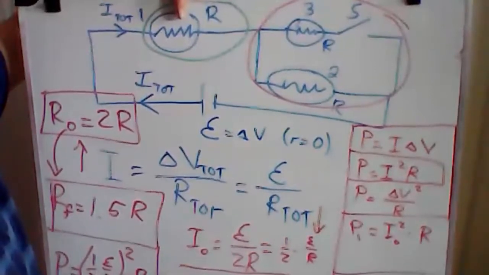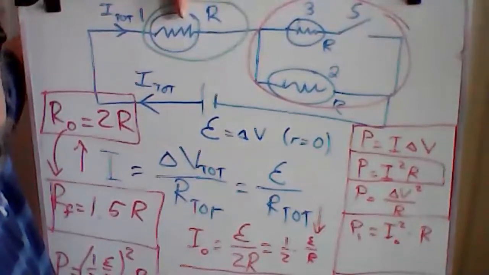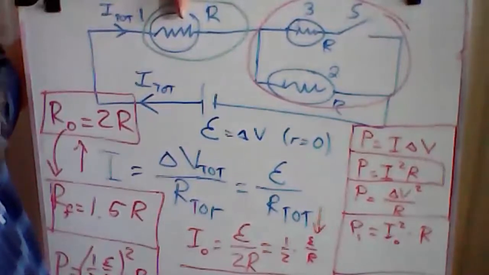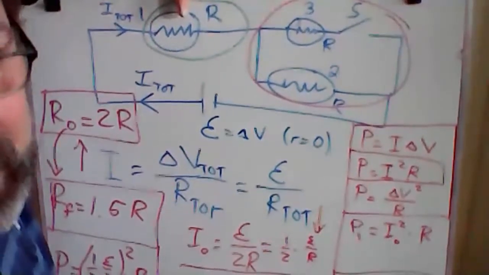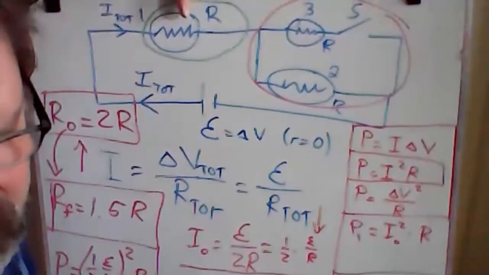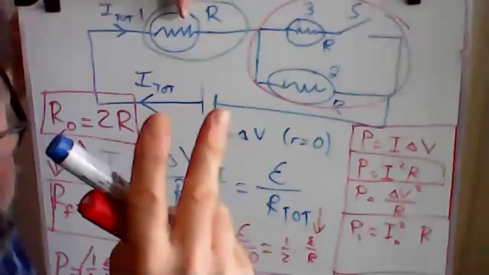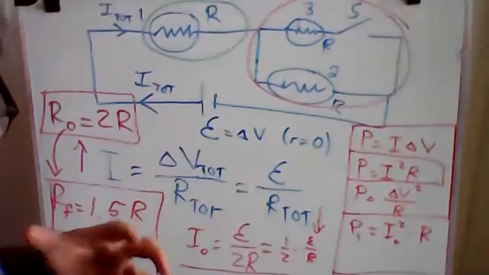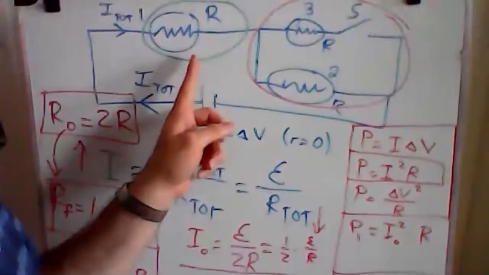So we could go with the first one, but I delta V is really not a good idea because when we close the switch, the current that flows through here is increased. And of course, the EMF has the delta V, the potential drop across this resistor also has increased. So they both have increased, and that makes the thing a little bit tricky because we would have to calculate the new current and the new potential drop across this resistor.